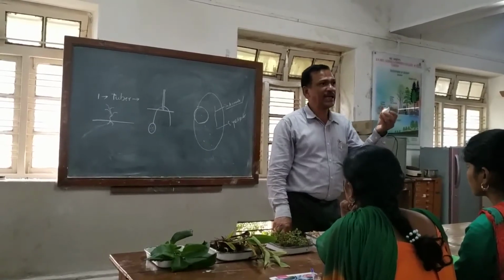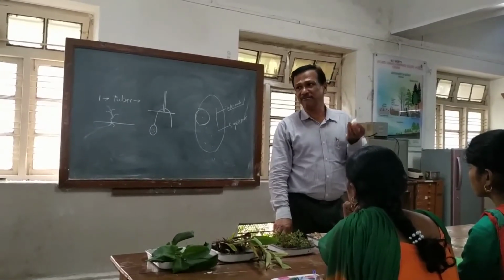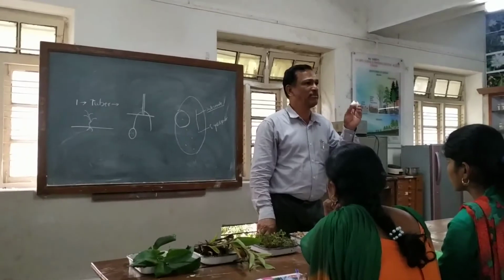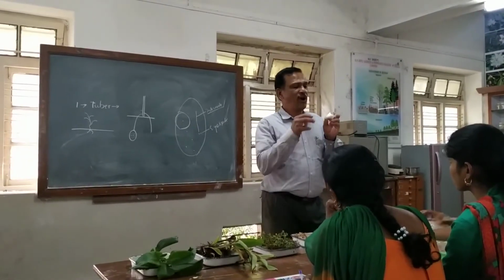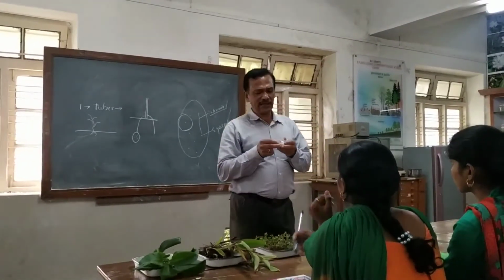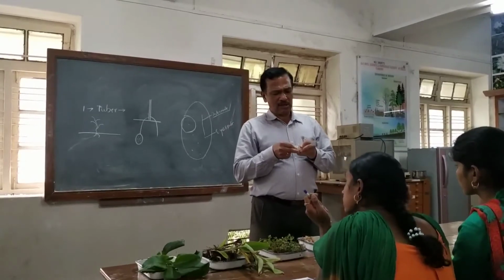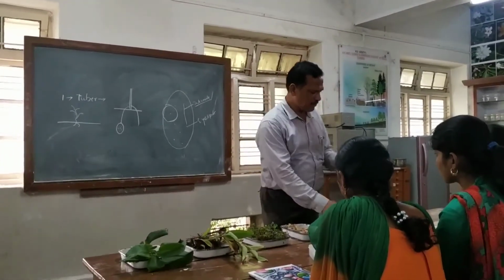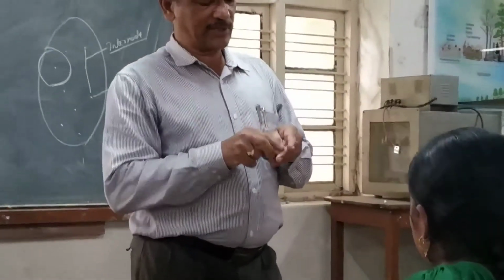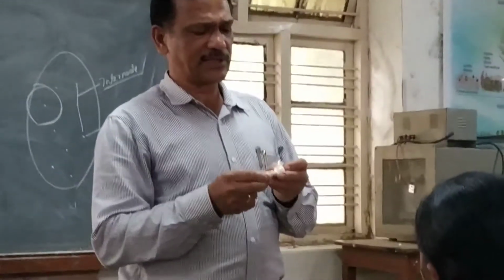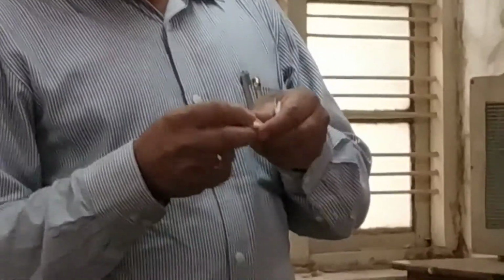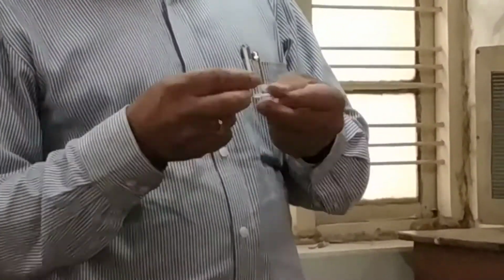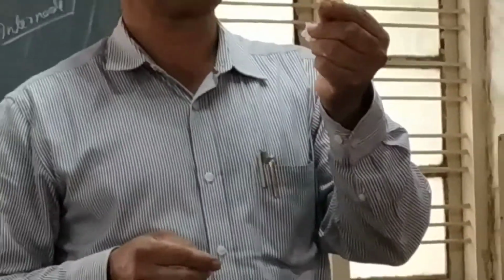Whereas garlic, Allium sativum, of the same family, is a tunicated bulb. If you observe this garlic, these leaves with fleshy leaf bases appear like this. You can remove and separate all these individual units like this.